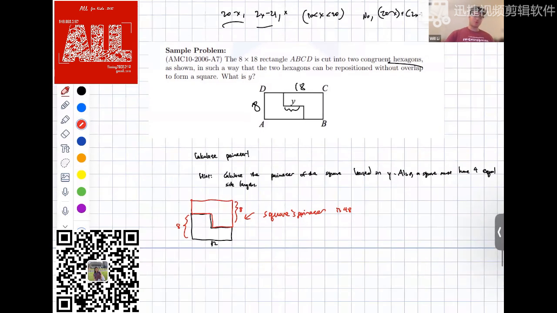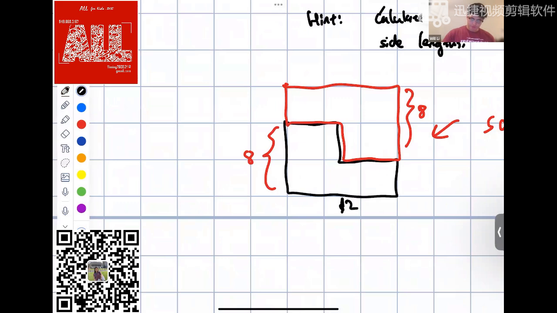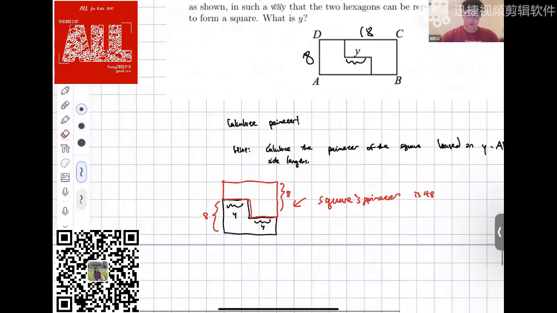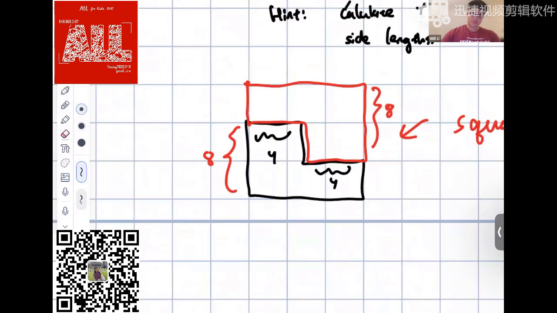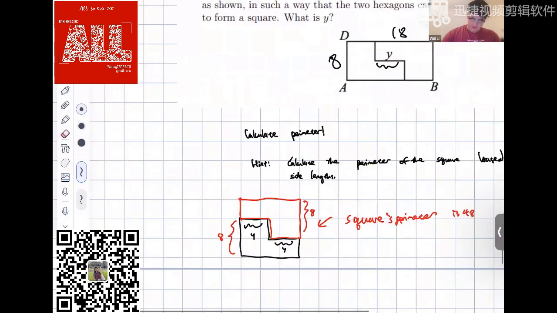I'll start walking through it and let me know if there's anything different that you got. So here you have this is y and this is y. For now you don't know that the side length is 12 yet. You actually don't need to know that. So from here you can find that.